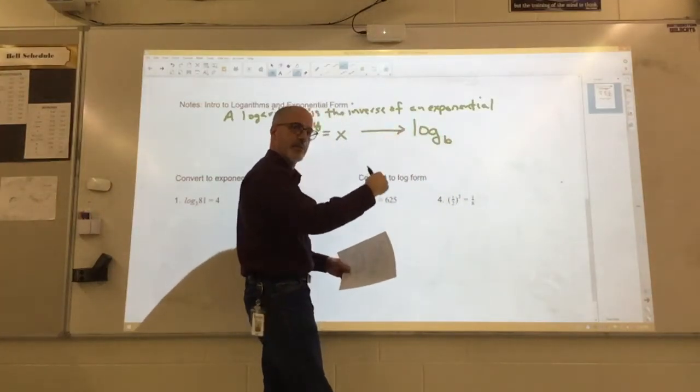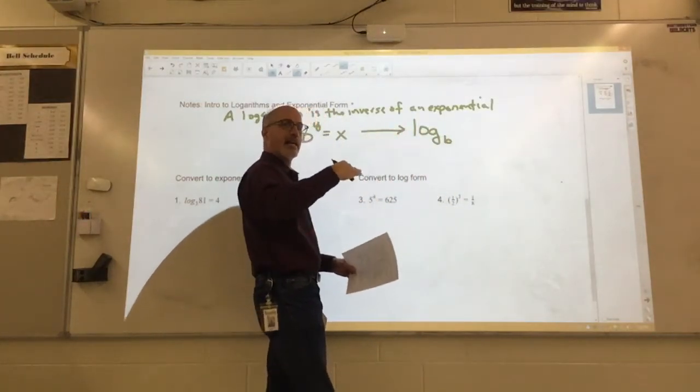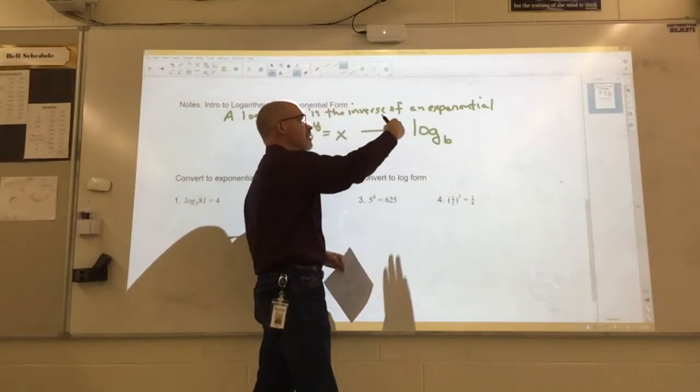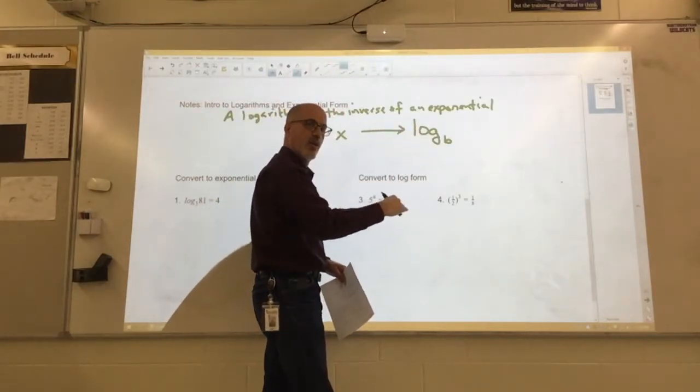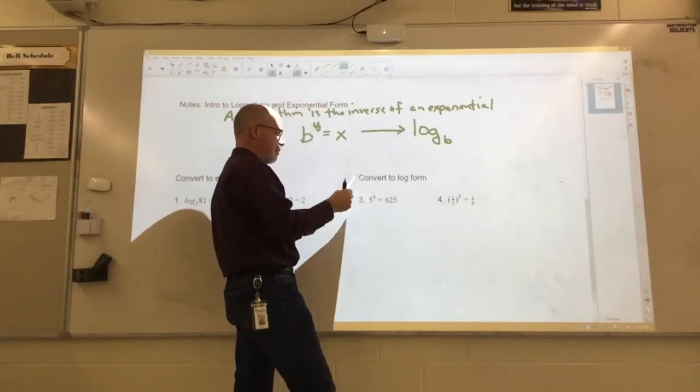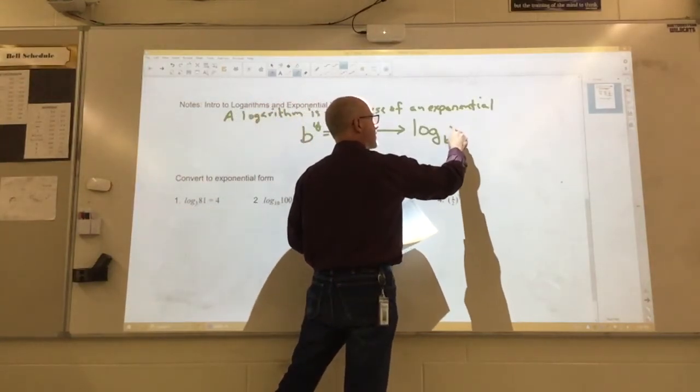That's a subscript, it's below the log, just like an exponent is a superscript above. This is below, down lower, and then log base b of x is going to equal y.